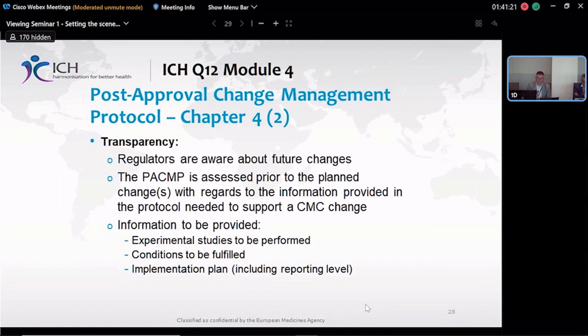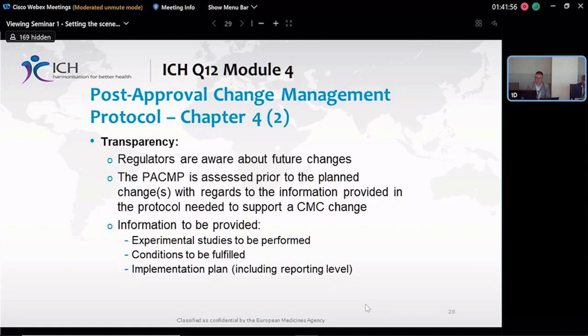So in terms of transparency, a post-approval change management protocol gives transparency to the regulator. It means we are aware about future changes. We know what the manufacturer, the MA holder, has planned, and we can assess the plan, the protocol for implementing this change in advance. And this assessment then helps us to define exactly what data we expect to see at the time of implementation of this CMC change.